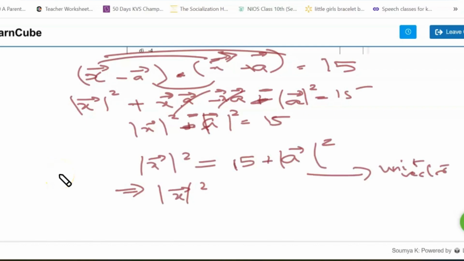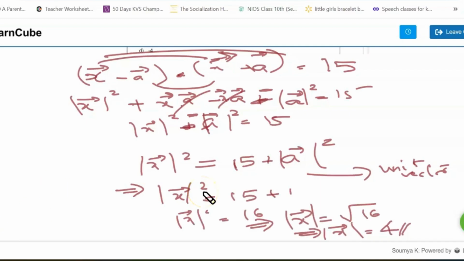This was positive and this is negative, so you will get negative here. And after solving, this goes to the right hand side and it changes its sign as plus. It is a unit vector, that's why its value becomes 1 in the next step. After solving, you'll get here 16, and square is here, and this goes to the other side, it becomes square root. So you have to find square root of 16, and since it is magnitude, it is positive.